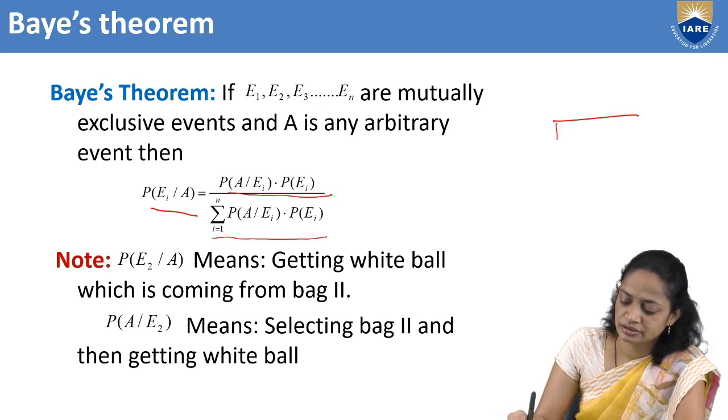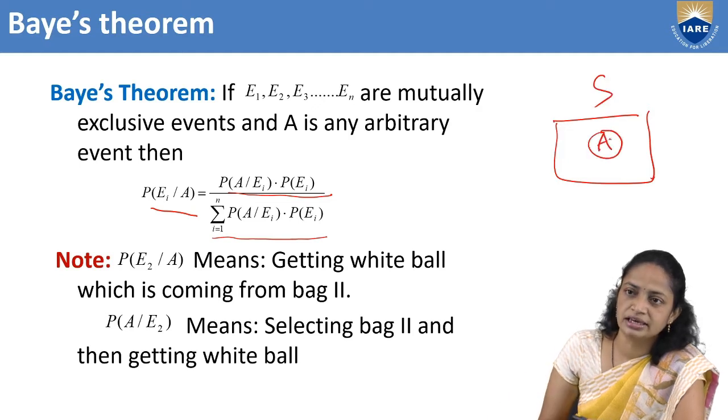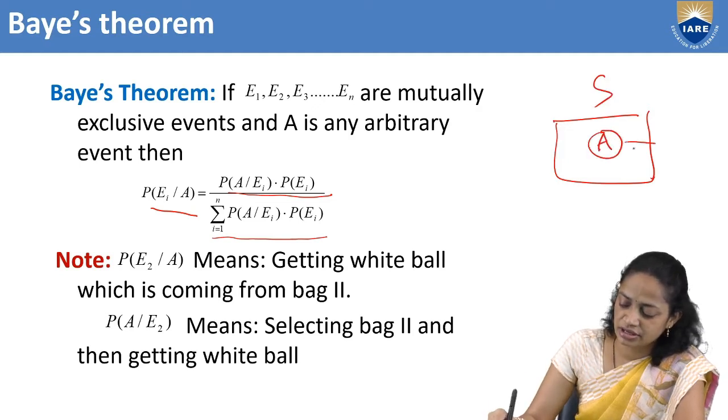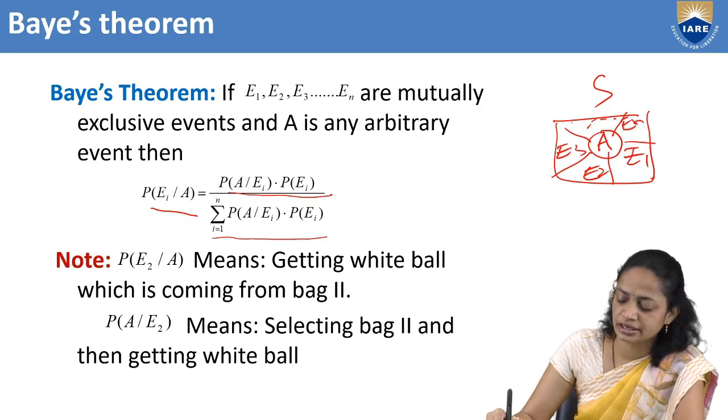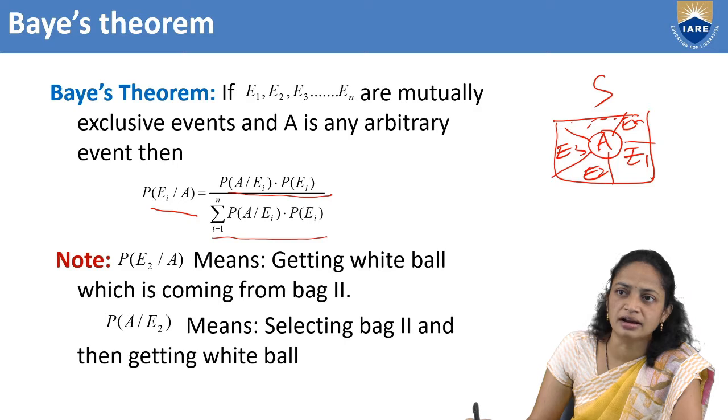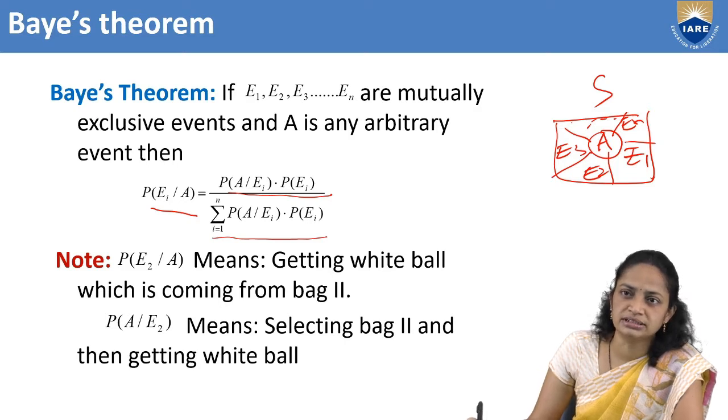So here, this is our sample space. This is the arbitrary event A and this is E1, this is E2, this is E3 and so on, this is En. Here E1, E2, E3 and so on En are mutually exclusive events and A is any arbitrary event.